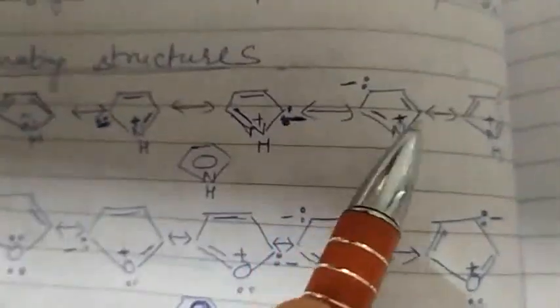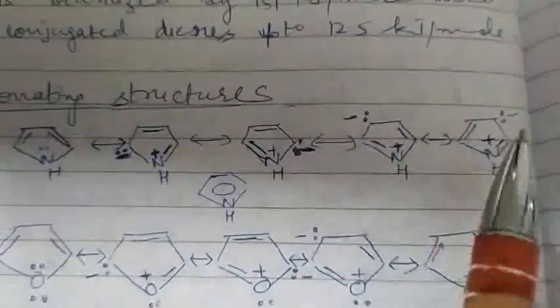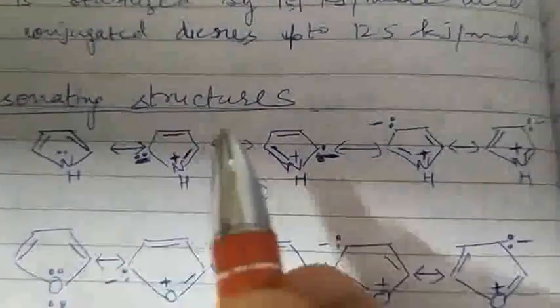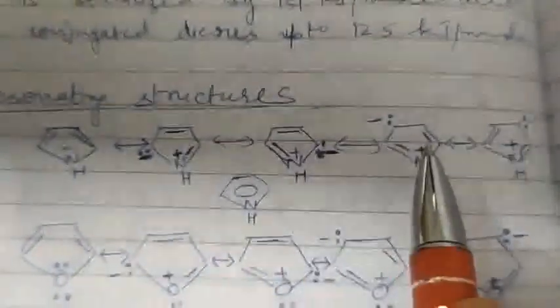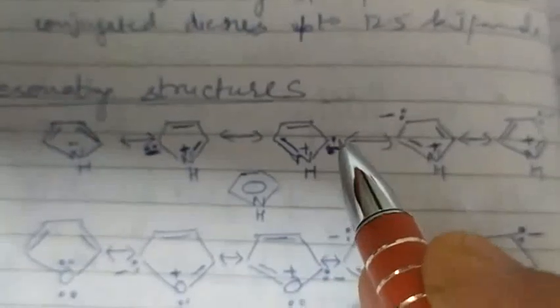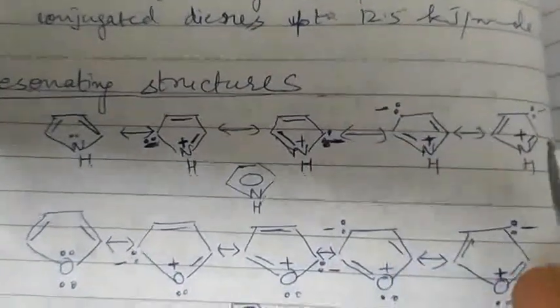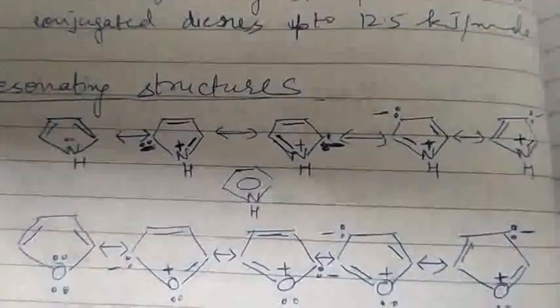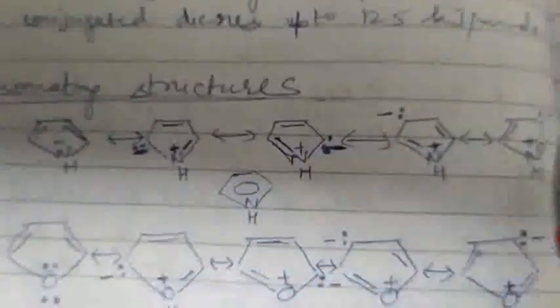Now about resonating structures of pyrrole, we can see 5 resonating structures. Out of these 5, 4 have charge separation in them, positive charge on nitrogen, negative on carbon. All these 4 are having charge separation.